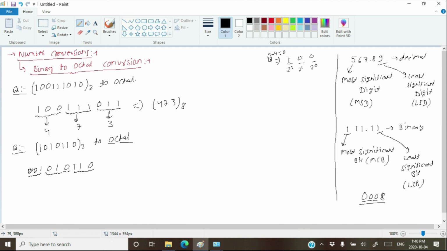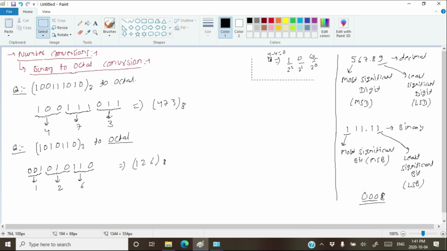Adding extra zeros on the left of the non-fractional part of a number does not matter. That is true for the decimal number also. It means if I have written 858 and I write that many 0s on the left, it does not matter. That's why you can write 2 extra 0s here to make the group size 3 bits. Now convert all the 3-bit binaries into decimal. So this is 1, this is 2, and this is 6. So this binary number is equivalent to 126 in octal.